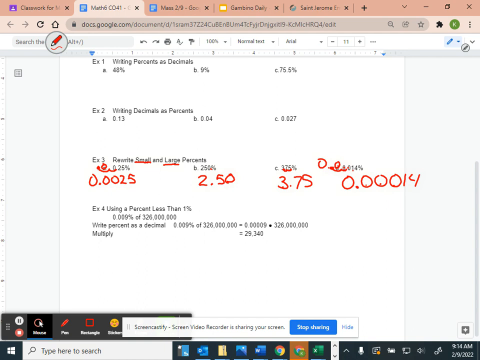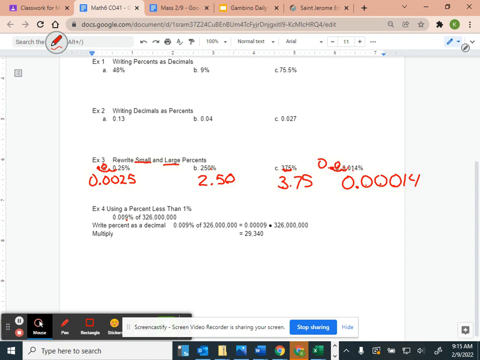Using a percent less than 1%. So if we want 0.009% of 326 million, oh my, they gave us big numbers this time. Write the percent as a decimal, and then you're going to multiply. So 0.009% is 0.00009 times 326 million.